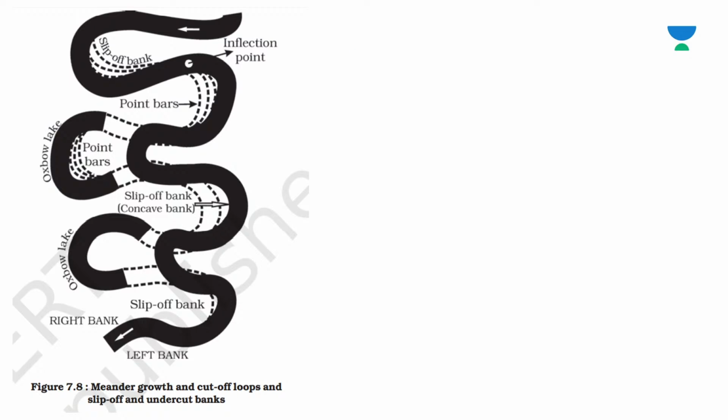So if there is no deposition and no erosion or undercutting, the tendency to meander is reduced.